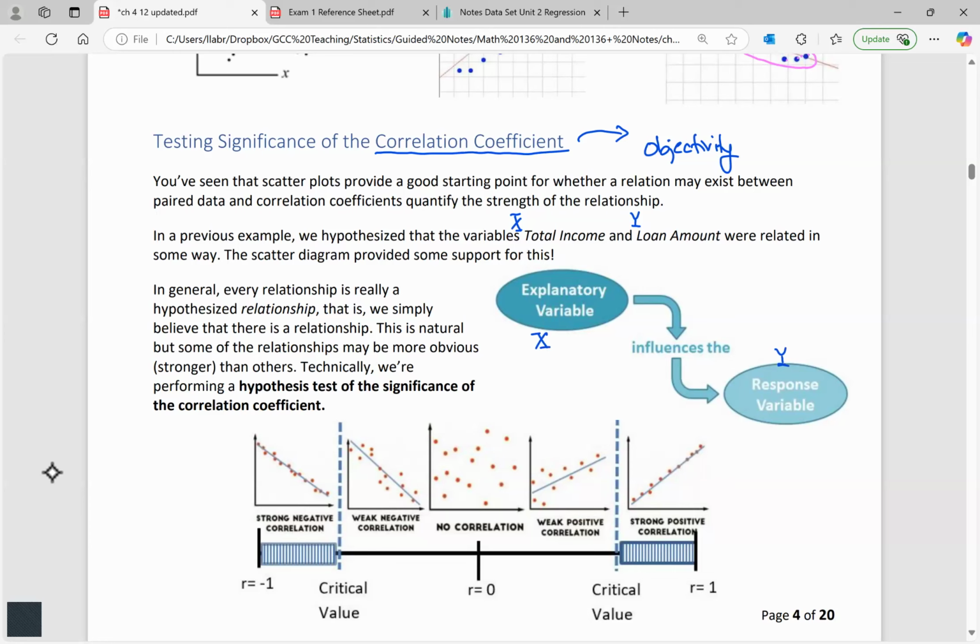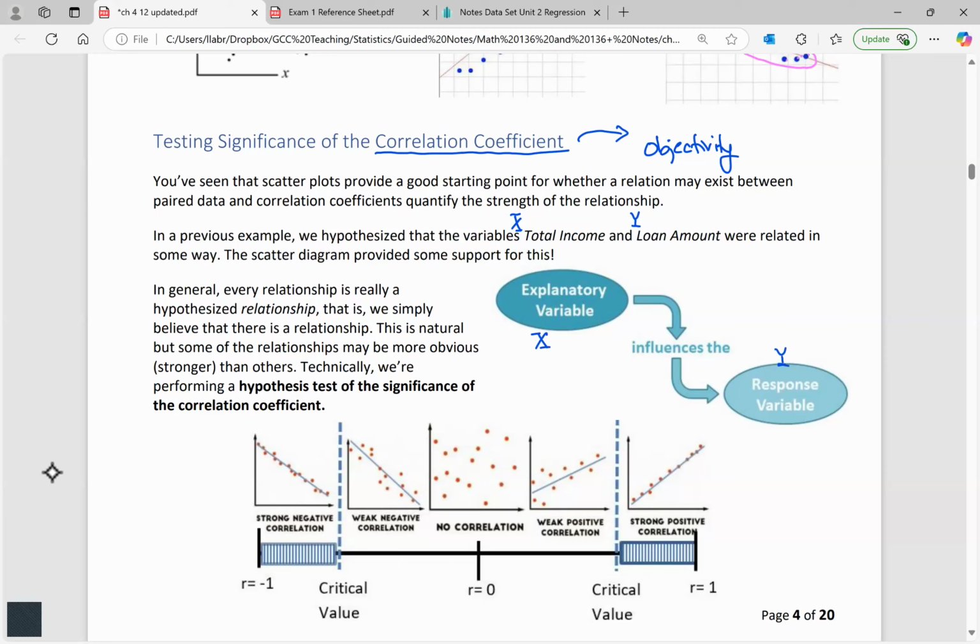Again, this is me trying to show that the x variable is in fact influencing the y variable. There should be evidence of that because I should see it in the scatter plot and I should see it in the correlation coefficient. So here's the way that it's going to work.